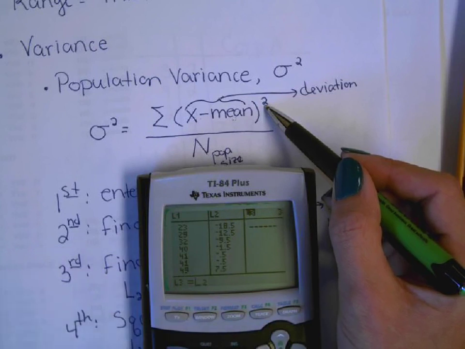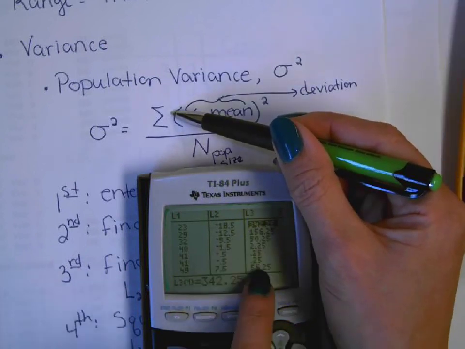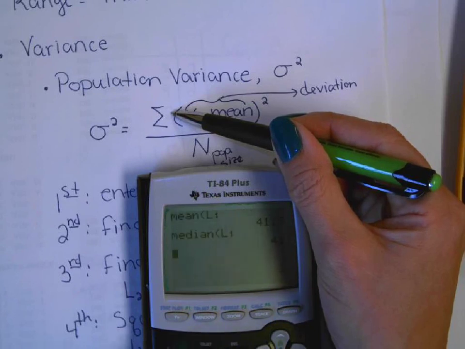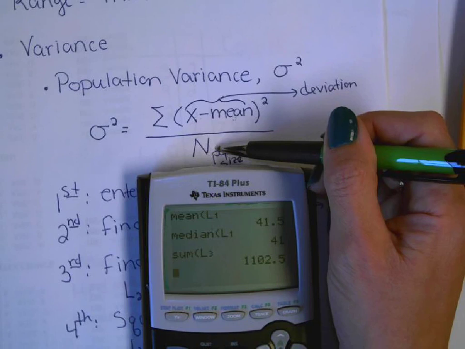So I tell it L2 squared. Done. Now I want the sum of all of these squares. They're in list 3, so I'm going to quit. Go to list, over to math, sum L3. Got it. And then divide by my population size, which was 10.